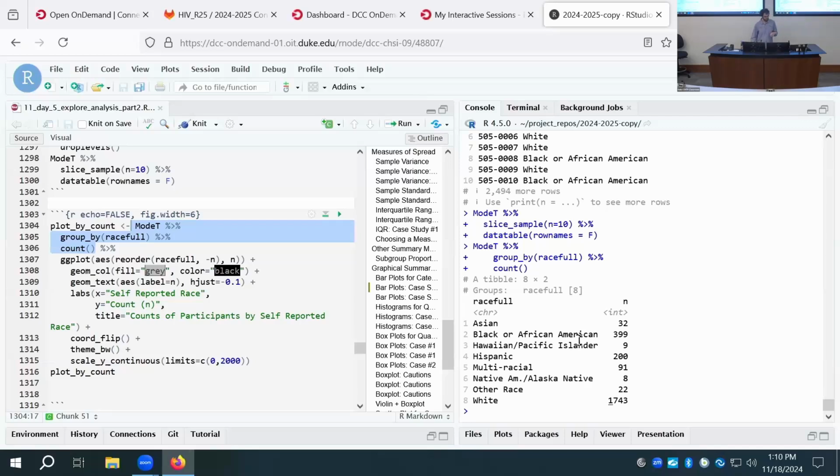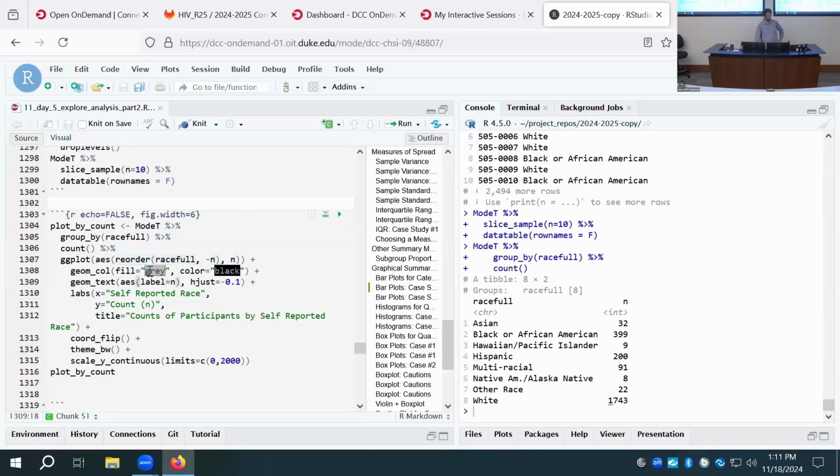Once we have that, it's then piped and passed down to ggplot. Within ggplot, we're passing in the race information, and this part is telling it to reorder the race variable by count, so it'll show up in a nicer, more readable order, from smallest to largest, or maybe largest to smallest.